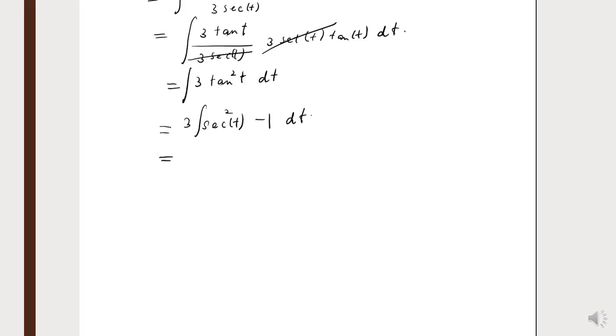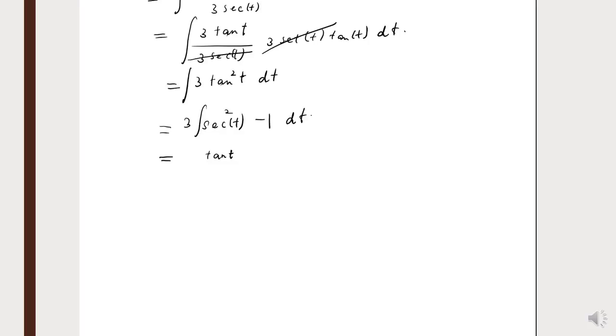You can refer to your basic derivative table and find out which function's derivative becomes sec t squared. You found it? Yes, it is actually tan t. Tan t's derivative is the square of sec t, so the integral of sec t squared will be tan t.